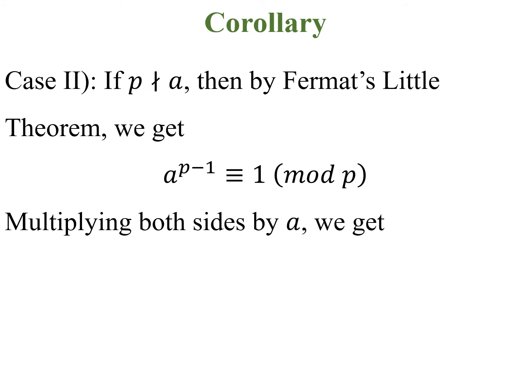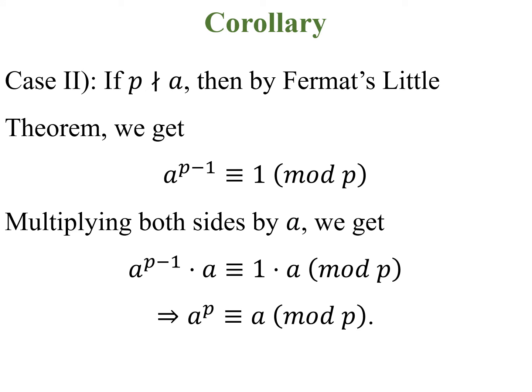In this way, what do we get? A raised to P minus 1 multiplied by A is congruent to 1 multiplied by A modulo P. A raised to P minus 1 times A is A raised to P, and 1 times A is A itself. So you get A raised to P congruent to A modulo P. So in any case, if P is a prime, A raised to P is congruent to A modulo P for any integer A.